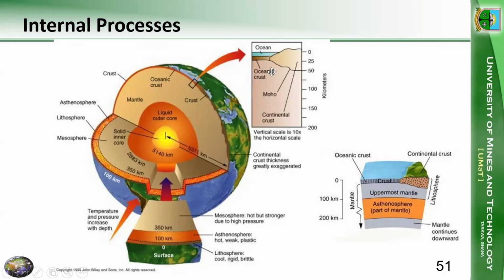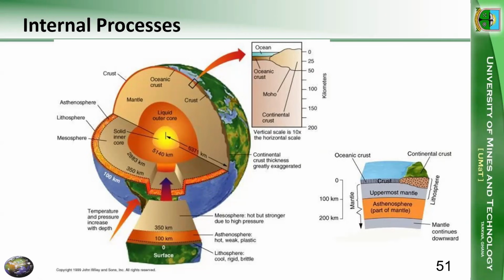So when we compare this to an egg, the crust is like the eggshell, the mantle is the albumen, the egg white, and the yolk is the core. When you boil it, those three layers are similar. The crust is just like your eggshell, very thin, and the mantle is much thicker than the yolk in the center.